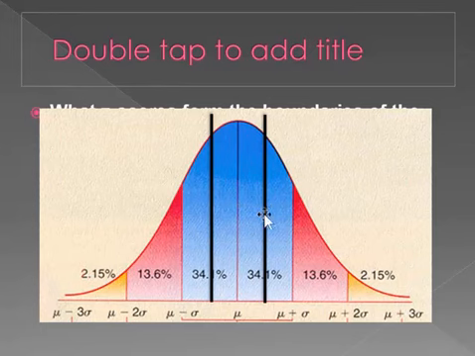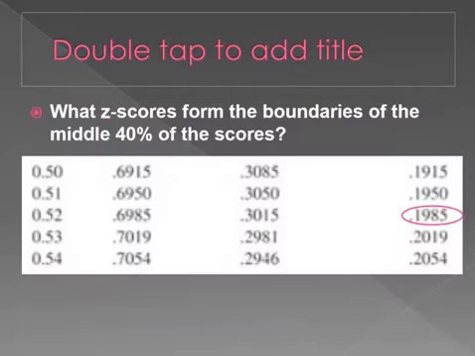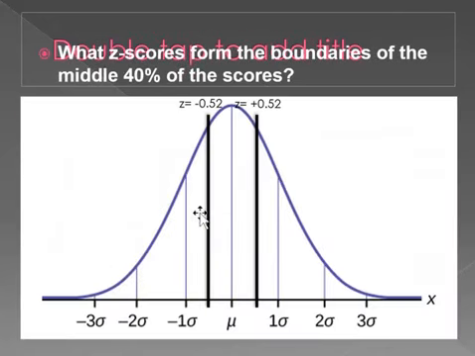If I want to find the two z-scores that form the boundary of the middle 40%, what do y'all think this z-score would be? Remember, it's a normal distribution, so it's symmetrical. If the z-score in the positive direction was 0.52, the z-score in the negative direction should simply be negative 0.52. So the two z-scores that form the boundary of the middle 40% are a z-score of negative 0.52 and a z-score of plus 0.52. And 40% of all of our scores fall between those two z-scores.